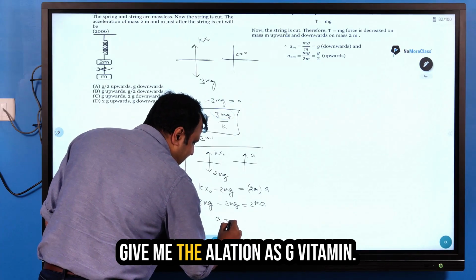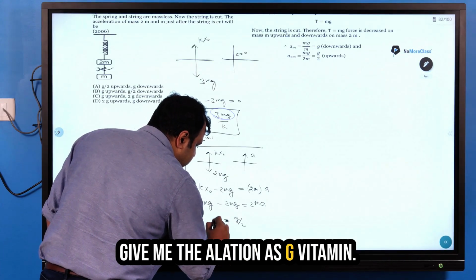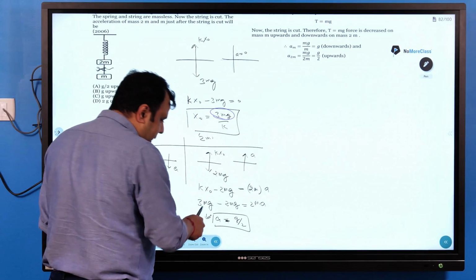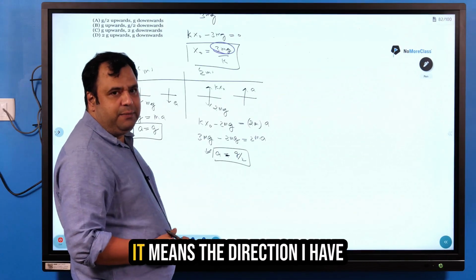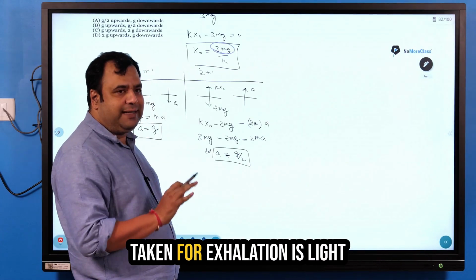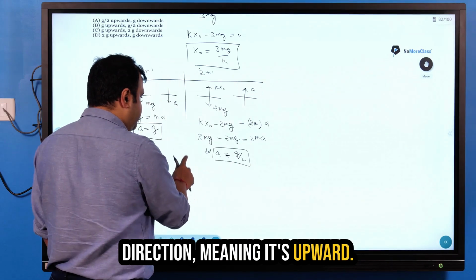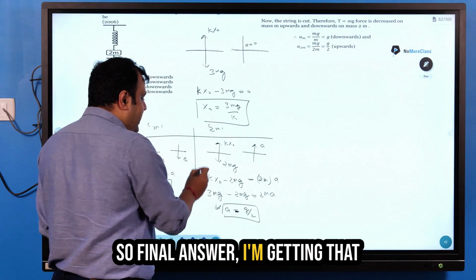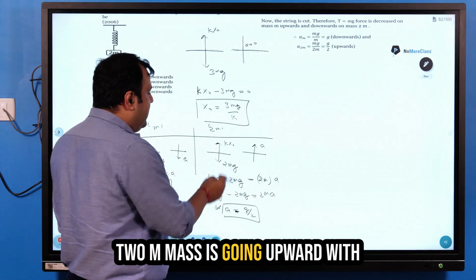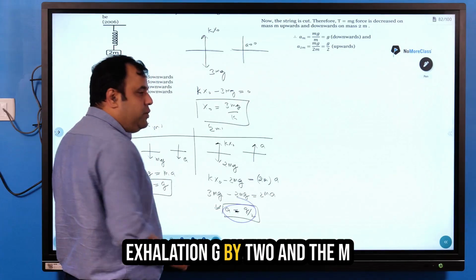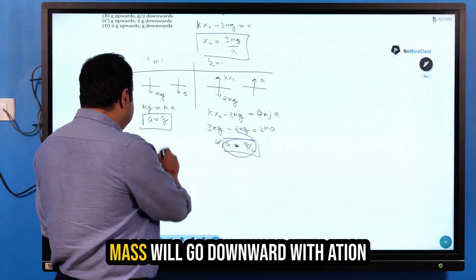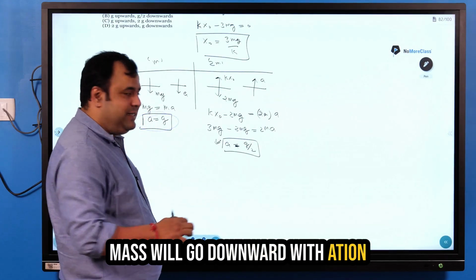And that will give me the acceleration as g by 2. I'm getting the positive value of acceleration. It means the direction I have taken for acceleration is right, meaning it's upward. So final answer, I'm getting that 2m mass is going upward with acceleration g by 2. And the m mass will go downward with acceleration g.